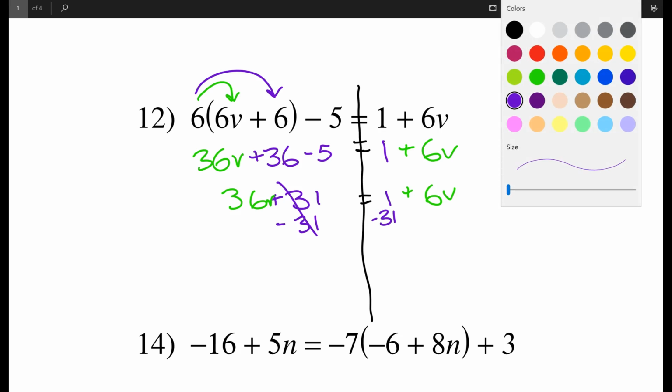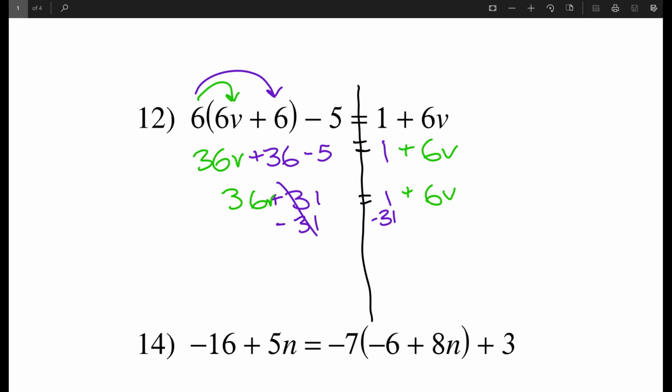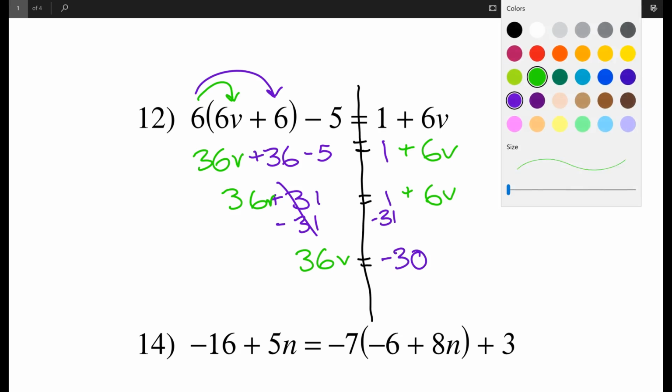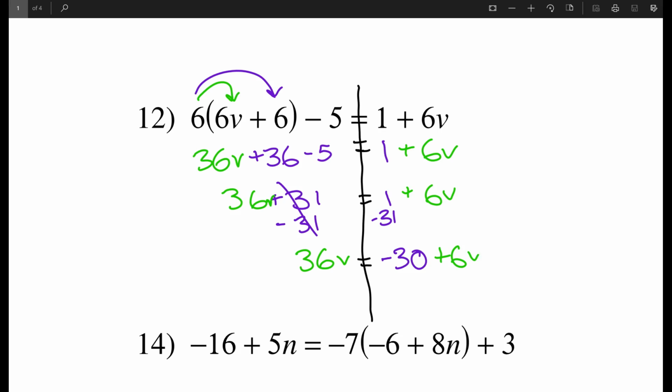Now, this 31 is not going to affect the v because you see they're different colors. They're not going to affect each other. So on this side now I'm left with 36v equals, well, 1 minus 31, hopefully you see is negative 30 plus 6v.